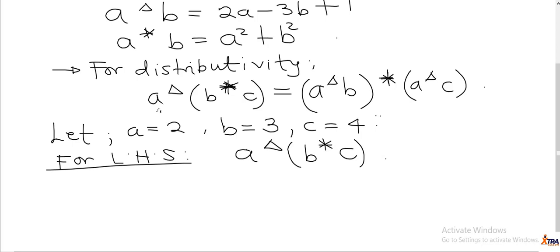Where I know that my A here is 2, so I'll be proving that this is 2 triangle, B is 3, asterisk, my C which is 4.